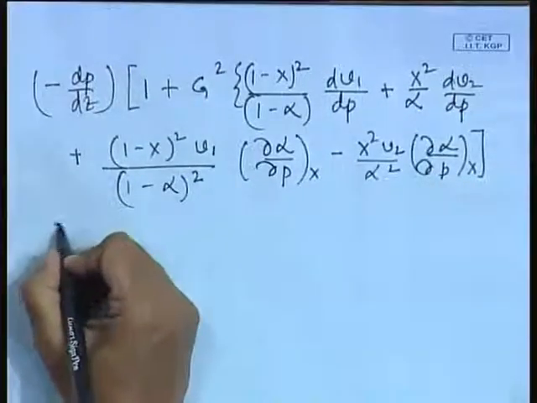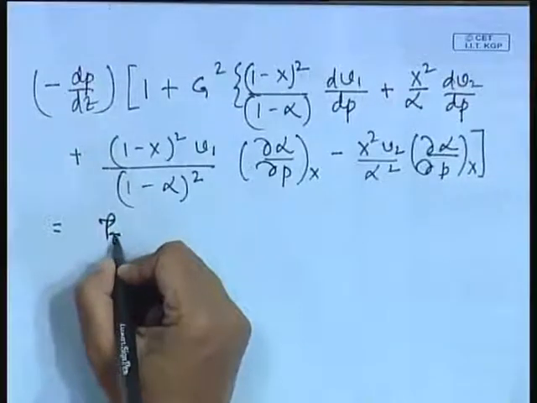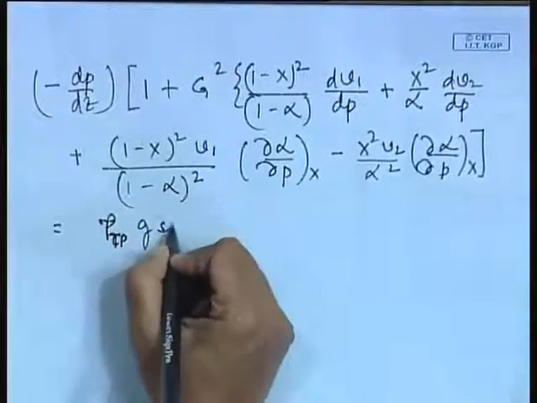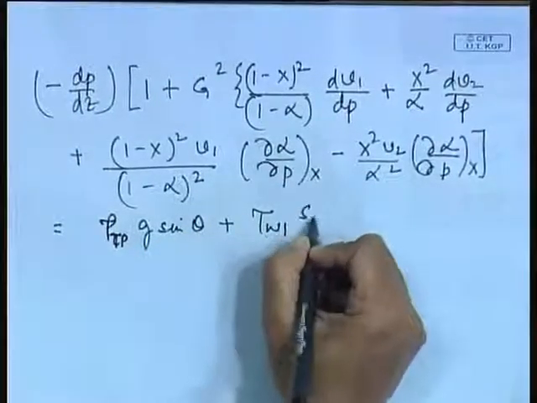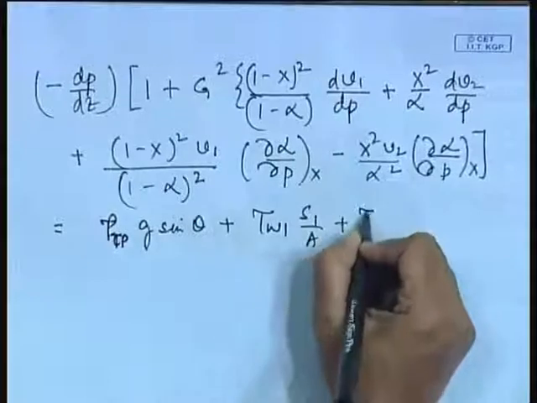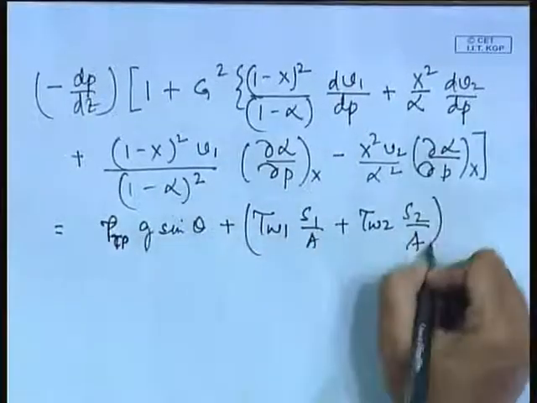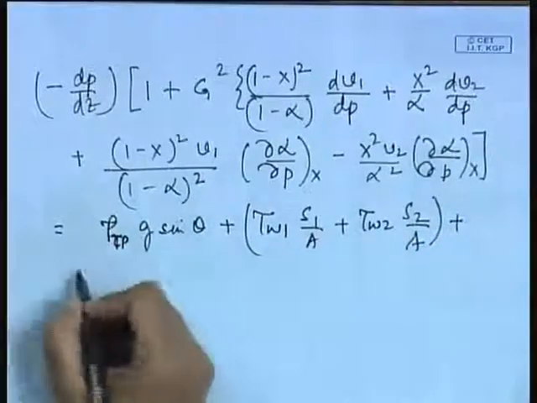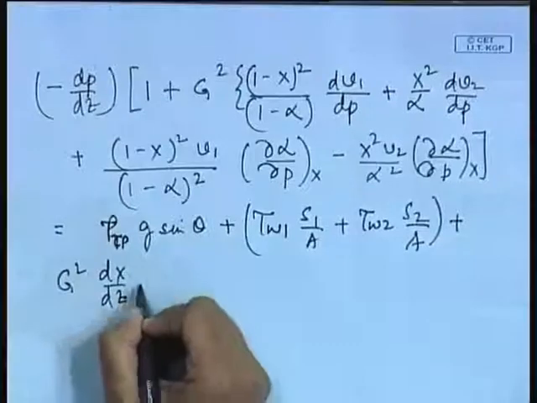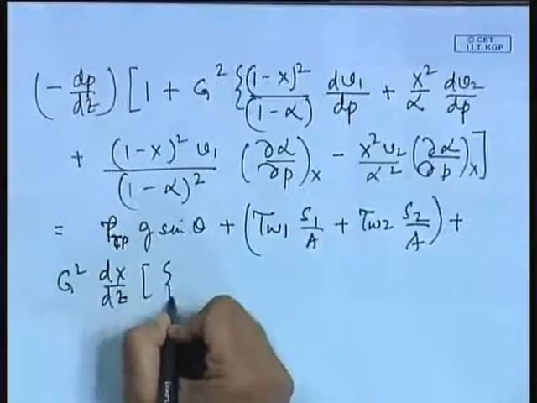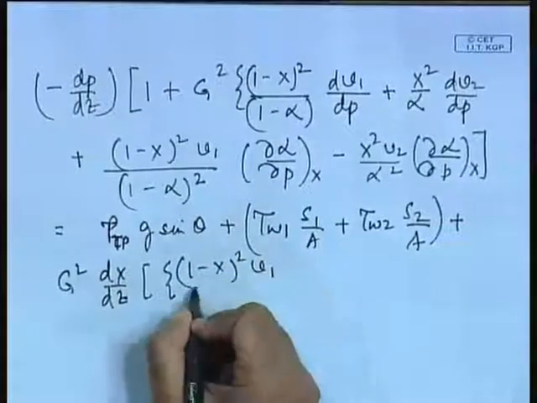This whole thing is again equal to rho TP g sin theta plus the frictional component of it plus G squared dx dz, because all the other terms contain dx dz, 1 minus x whole squared v1.